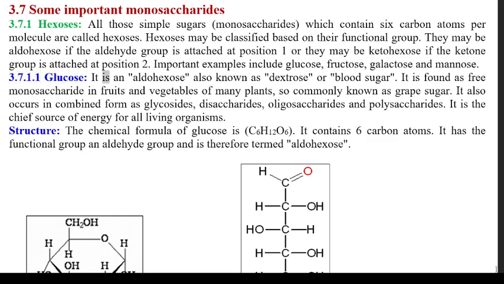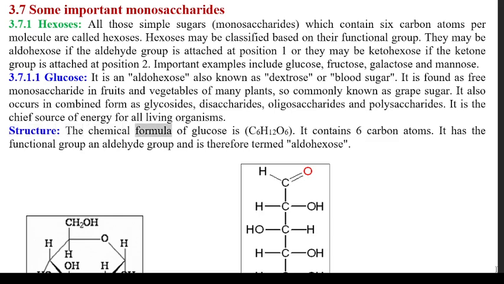3.7.1.1 Glucose. It is an aldohexose also known as dextrose or blood sugar. It is found as a free monosaccharide in fruits and vegetables of many plants, so it is commonly known as grape sugar. It also occurs in combined form as glycosides, disaccharides, oligosaccharides, and polysaccharides. It is the chief source of energy for all living organisms.